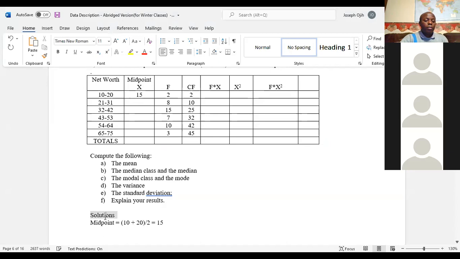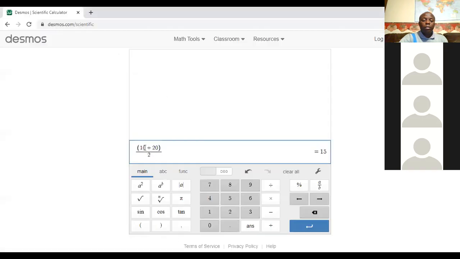Now the second midpoint will be, so we're doing this, be careful, don't rush. If you rush, you increase the chance of making mistakes. That'll be 21 plus 31 divided by 2. Okay. So we go and calculate it. We'll have 21 plus 31.